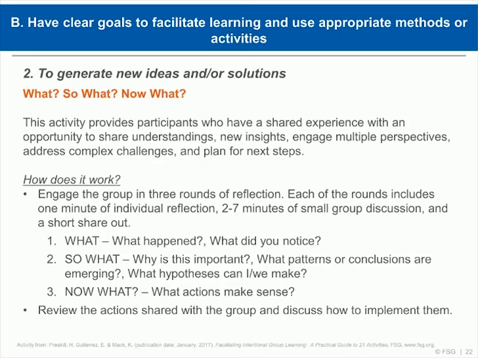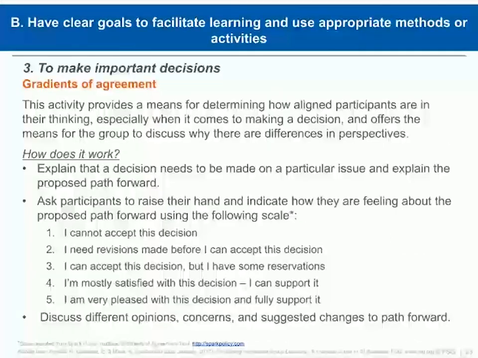This works perfectly to walk people from thinking about what happened to determining what to do, what some of the solutions or next steps are that we want to take. And then the whole group comes together and discusses what emerged from the whole conversation and thinks about next steps potentially.